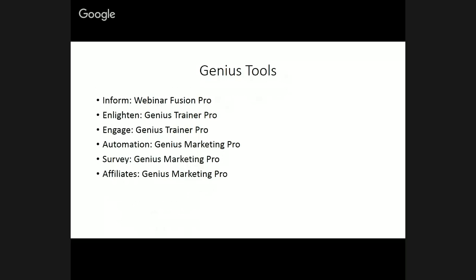With Genius Trainer Pro, I can engage people, so I'm going to have discussion. Now, I can engage people here on the webinar, but I'm trying to have a two-way dialogue so I can find out where people are. One of the things about these tools, and one of the things about Webinar Fusion Pro that I like, is that I can go back and read the log.